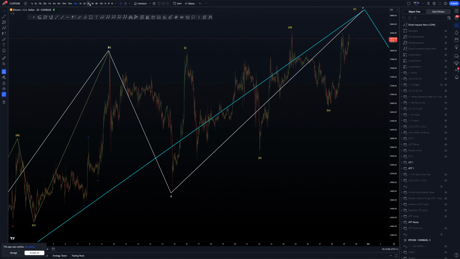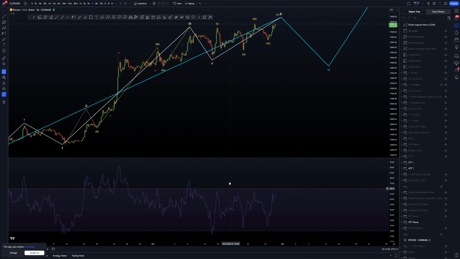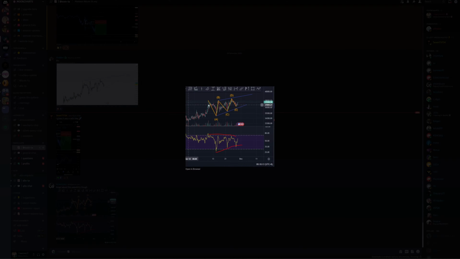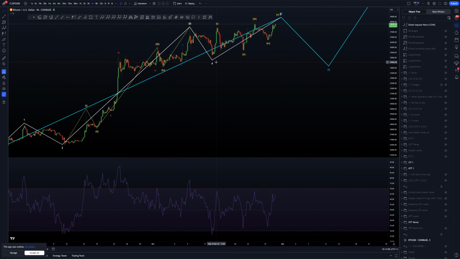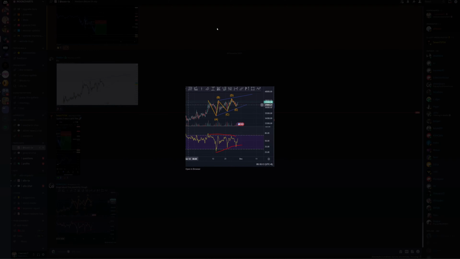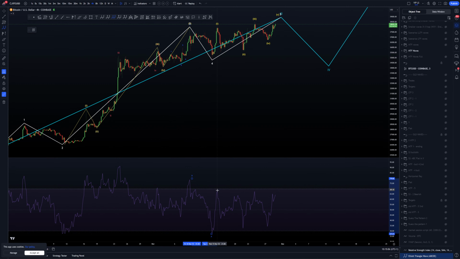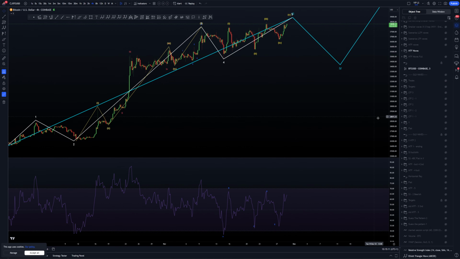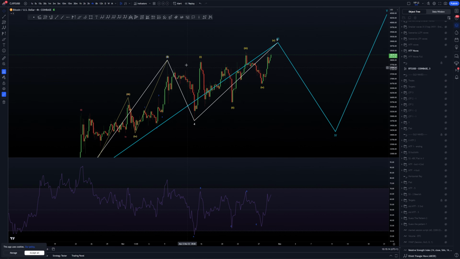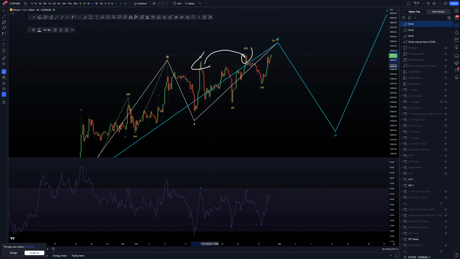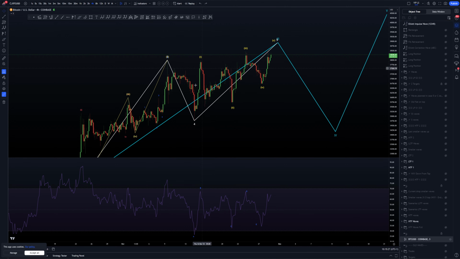I don't like a triangle here, to be fair. A, B, C, D, E. Well, the problem is normally the D wave cannot break this top right here, so that's why this is not normally valid.